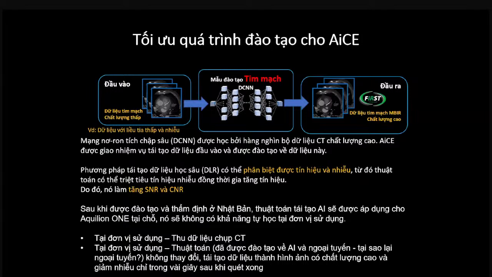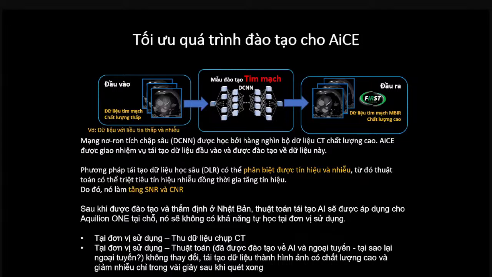So the deep convolutional neural network is trained with thousands of examples of high quality CT exams, such as produced by model-based iterative reconstruction, and AiCE is tasked to reconstruct the data input and trained on this data.